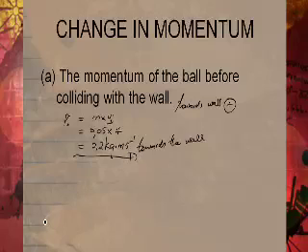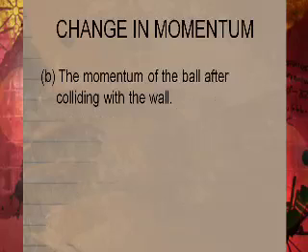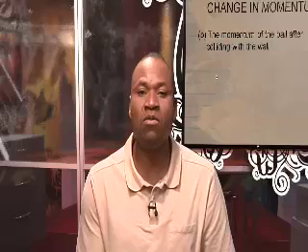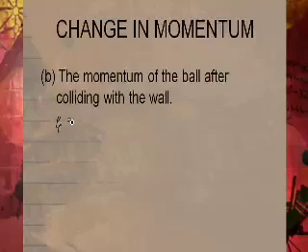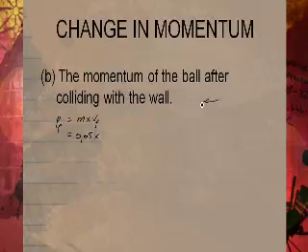Now, the next one, find the momentum of the ball after colliding with the wall. After colliding with the wall, P final equals mass times V final. So mass is 0.05 times, what is V final? V final is 2.5 meters per second away from the wall. So away from the wall has to be negative, because towards the wall we took it to be positive.